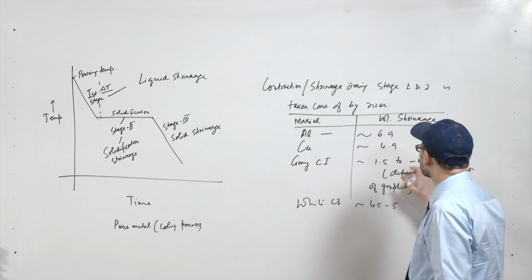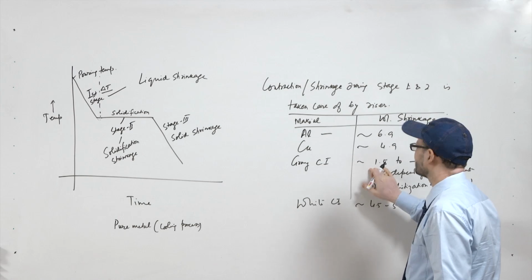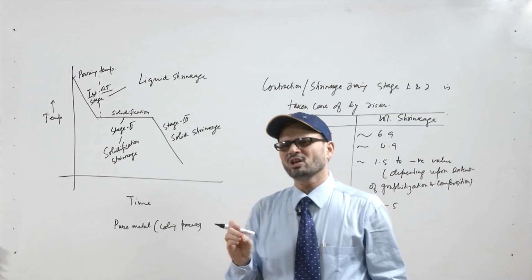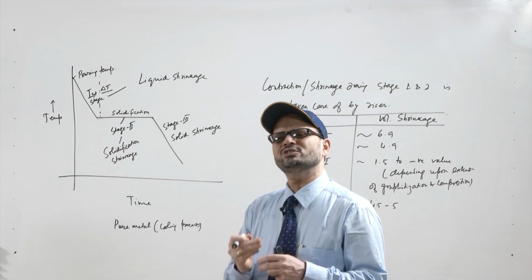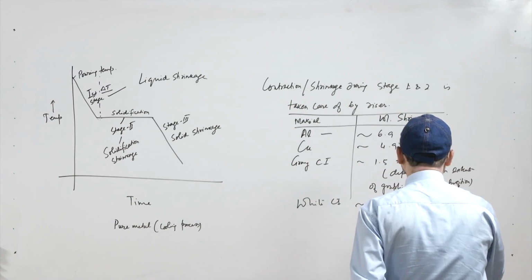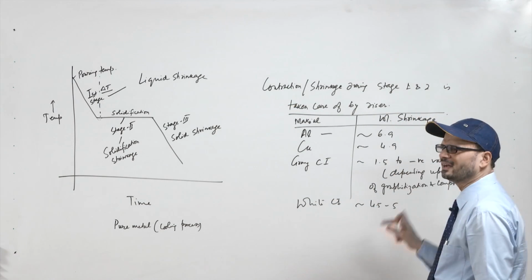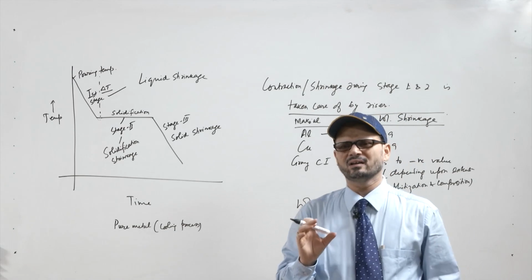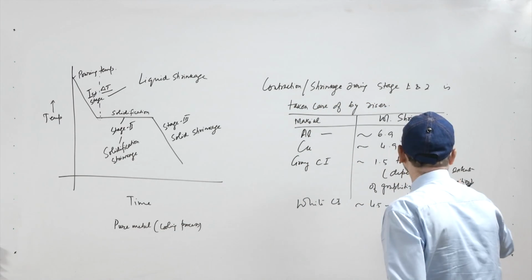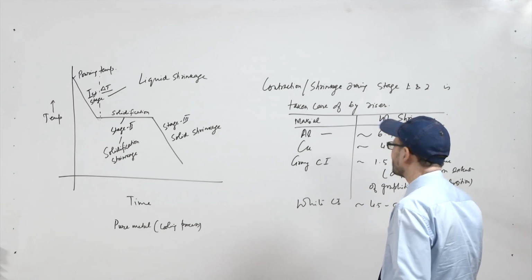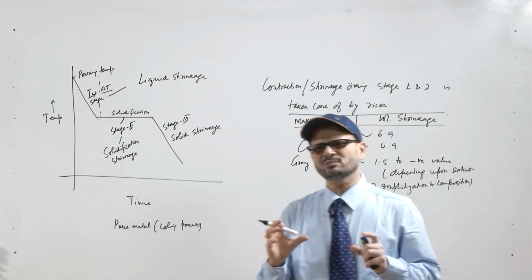Now, in this case it is decreasing, it has a very less value because of its composition and because of the phase which is formed after solidification. So, in the case of grey cast iron, the transformation to graphite leads to the expansion process.